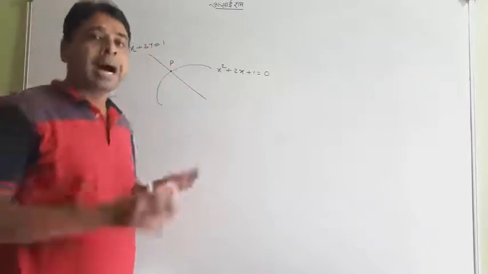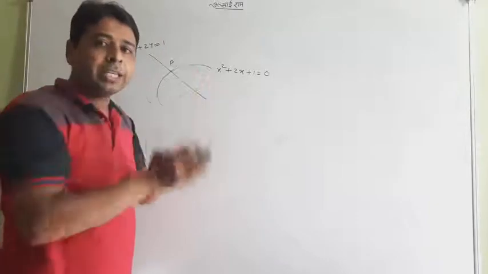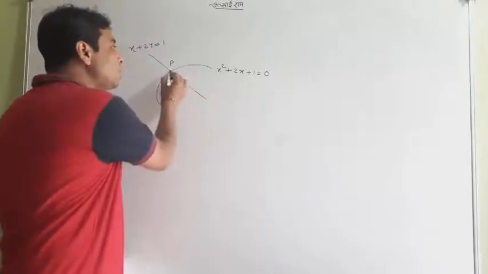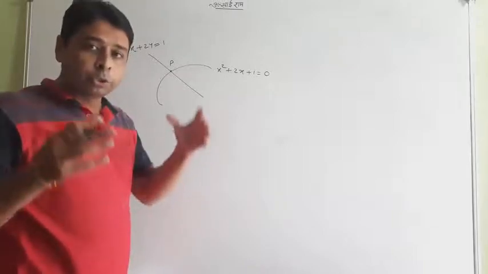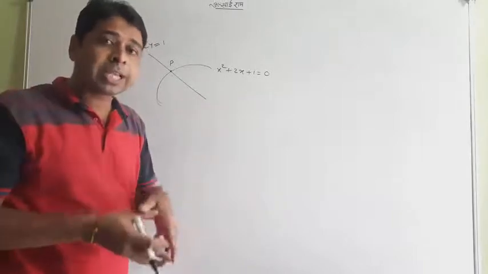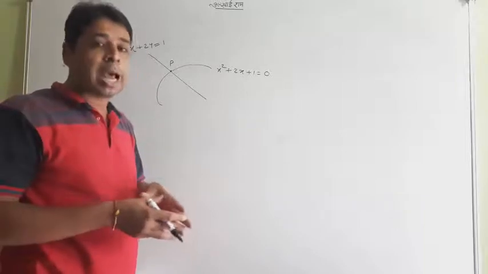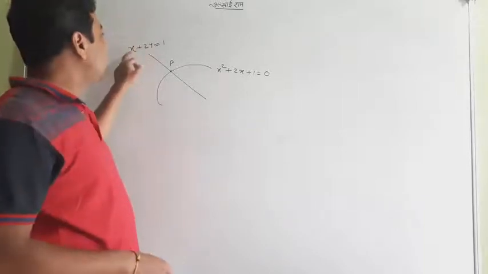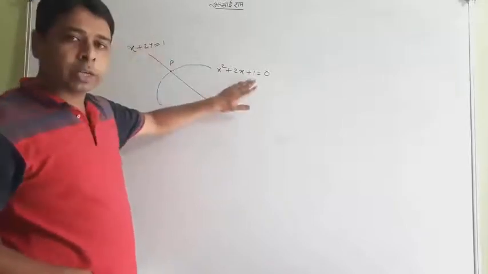I don't want to do the whole thing, but I just want to explain: whenever you want to find the intersection point of any two curves, you just have to join them, mix them, merge them by the substitution method. You can take the value of x from here, put it here, and get y.